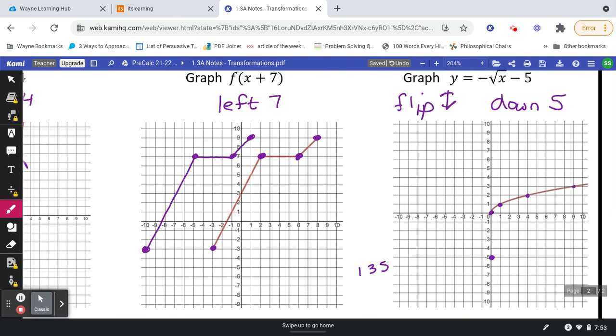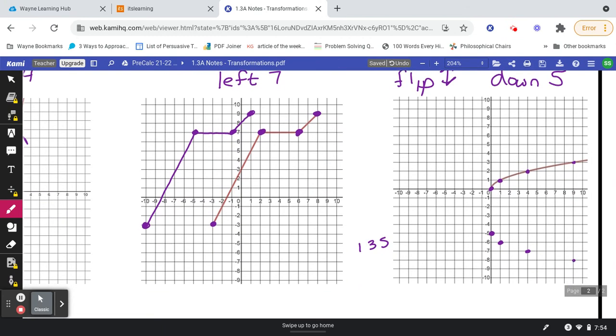I'm going to use that same pattern, except instead of going up and over, I'm going to go down and over. So I'm going to go down 1 over 1, down 1 over 3, and down 1 over 5. So I can create that same shape, but it's flipped upside down. And I will take care of my flipping up down.